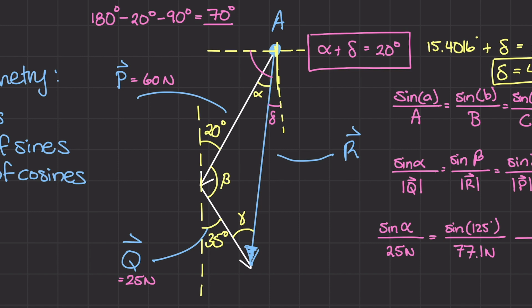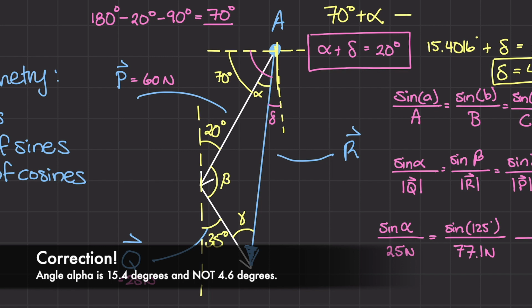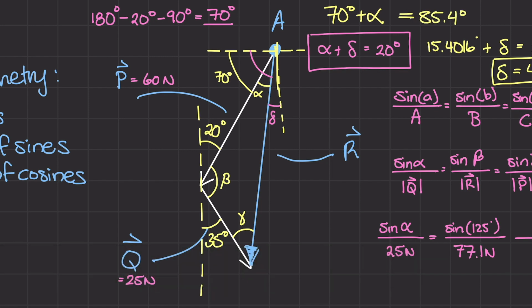So this angle right here is 70 degrees, which means that this angle right here is simply 70 plus alpha. So 70 plus alpha, which was 4.6 degrees, well, this gives us 85.4 degrees. So this, again, is the direction, the angle that this resultant force makes from this horizontal line.